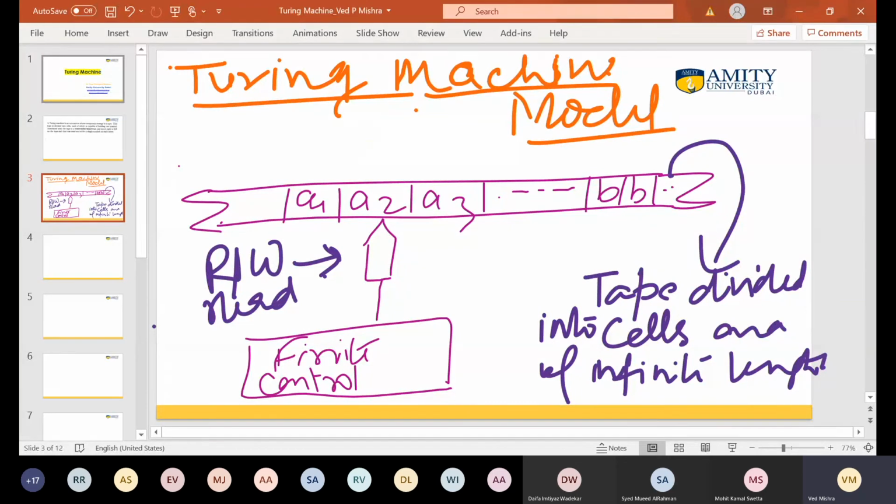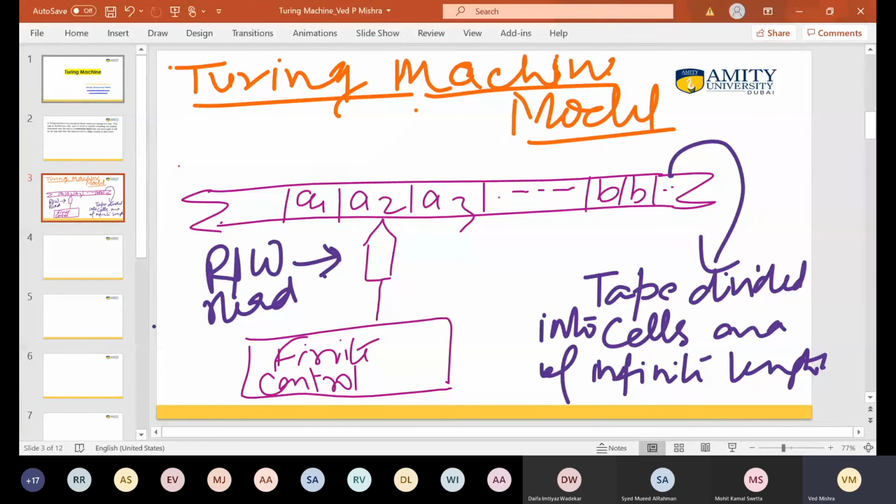Okay, so this is your Turing machine model. Now what happens in this, whenever a new symbol which you want to write onto the tape, that will come under the read-write head. This read-write head will take each symbol that is there in the cell on this tape. So A2, suppose that here it's taking A2.